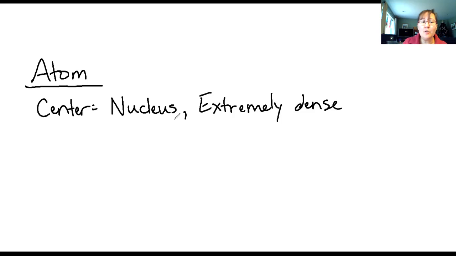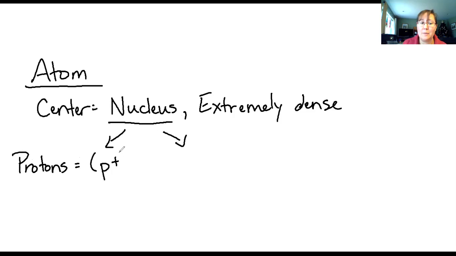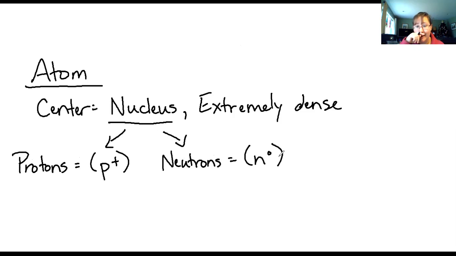Okay? The nucleus is composed of two different things. It's composed of protons, and these are positively charged. Sometimes I'll refer to them as P+. And neutrons. Sometimes I'll refer to those as N0. And neutrons are neutral. They don't have a charge. They do, however, have mass.